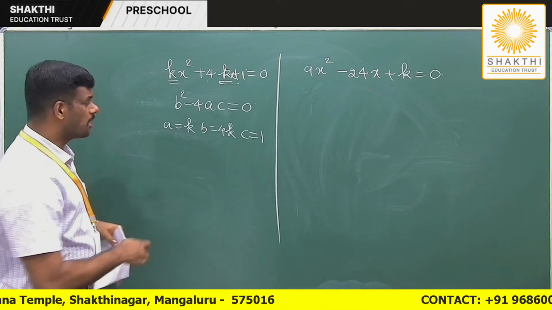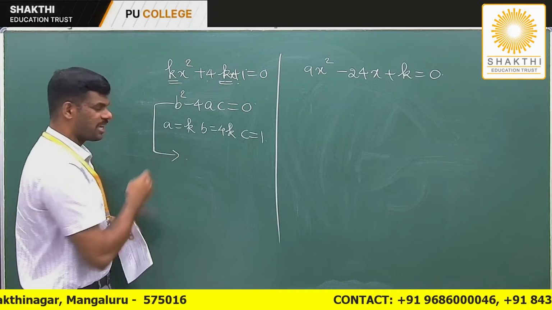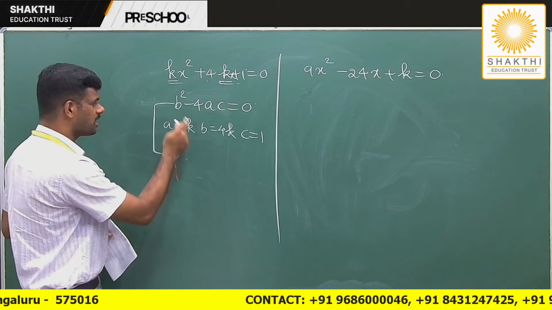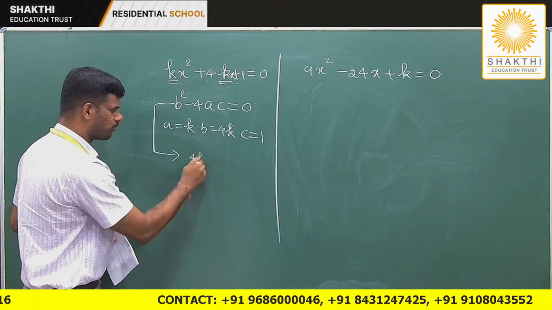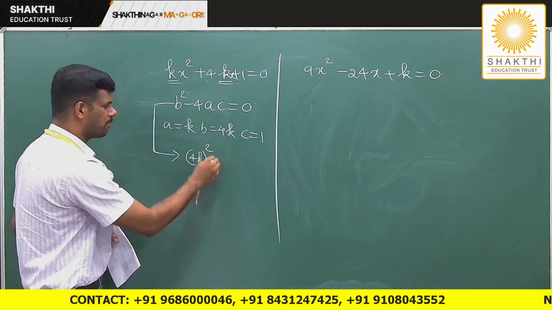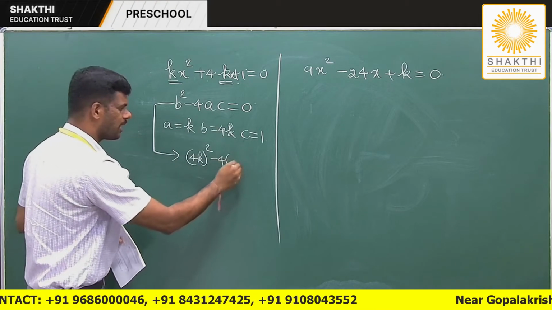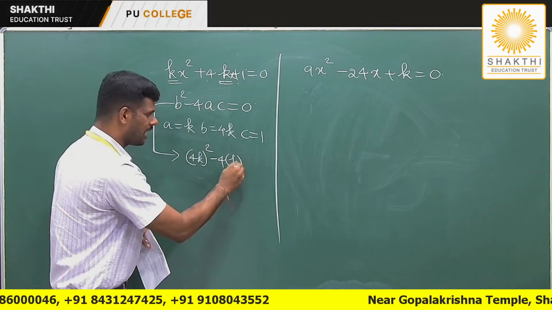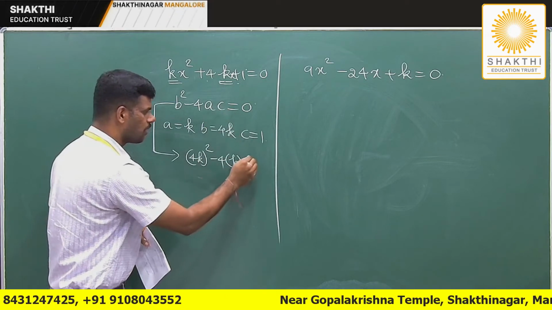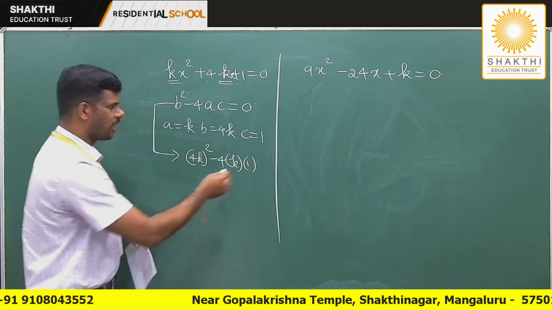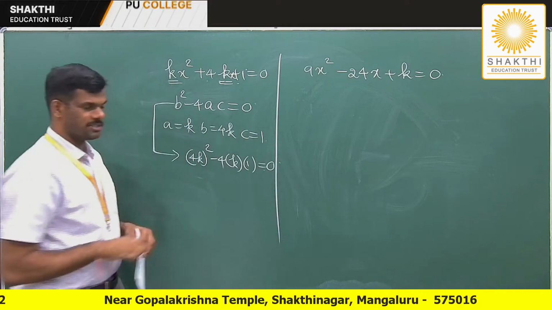So b square minus 4ac: b is 4k, so (4k) whole square minus 4 into a, which is k, and c is 1. Let's find out the value of k if that is equal to 0.